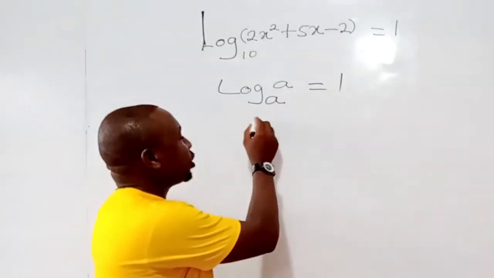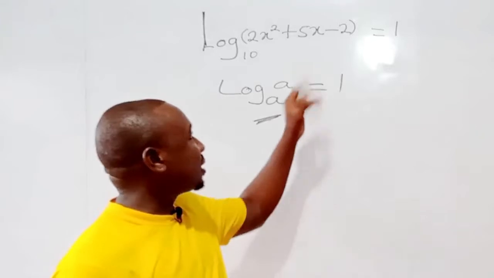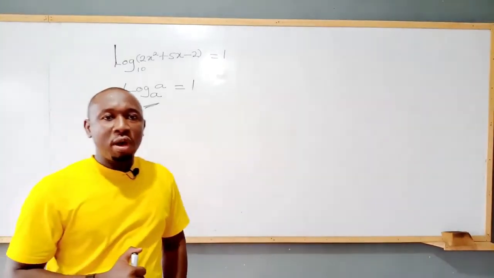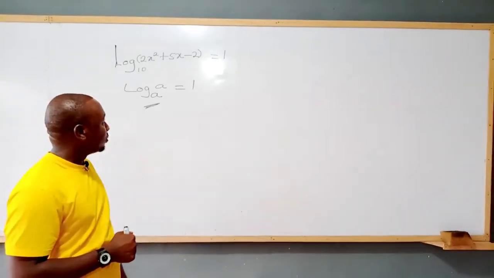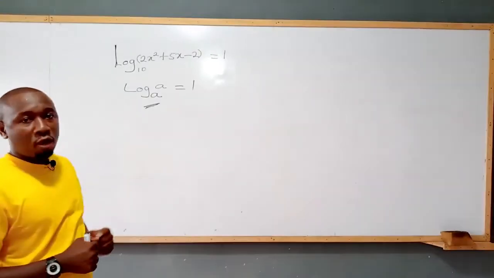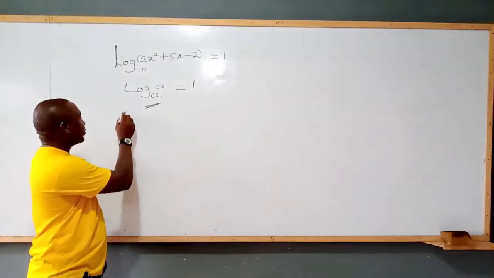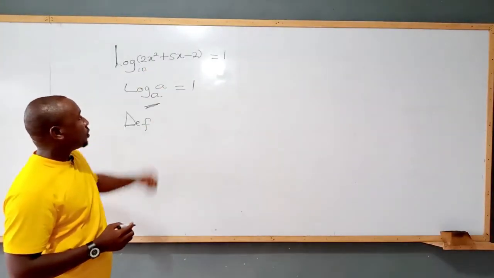We need this property to be able to solve this question. One can equally use the definition of logarithm to also solve this question. The definition of logarithm can also be used to solve this question.